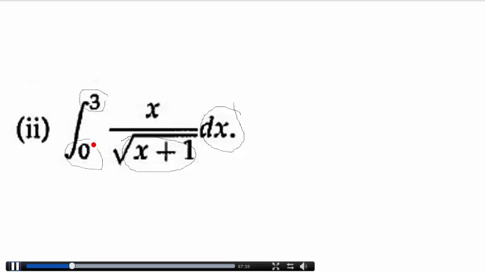The upper and lower limits are for x. You cannot have this as dy with your limits of integration in terms of x. The variable we integrate with respect to has to be in correlation with the upper limit and your lower limit.